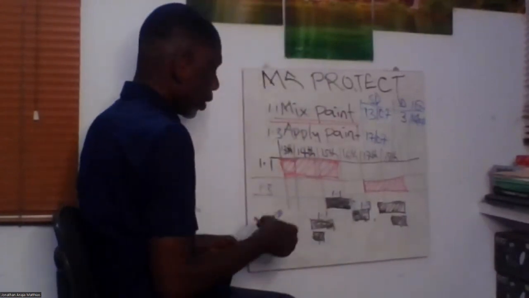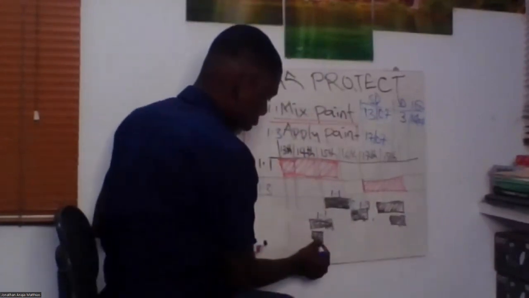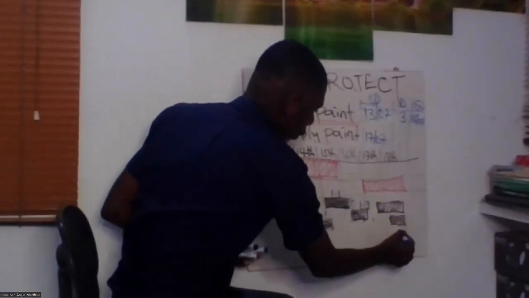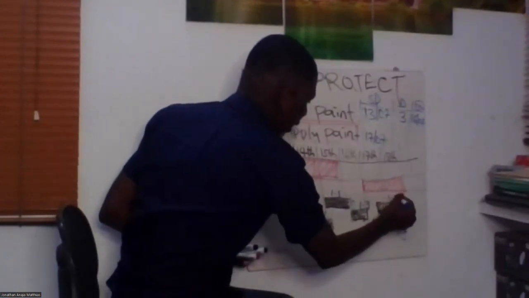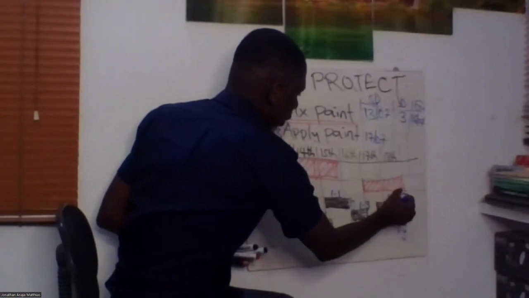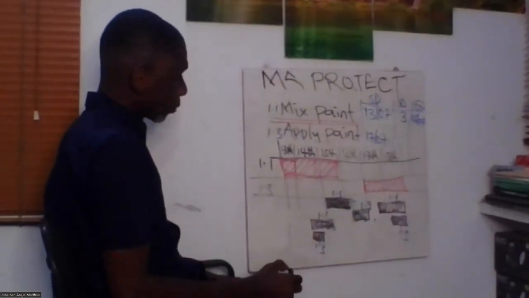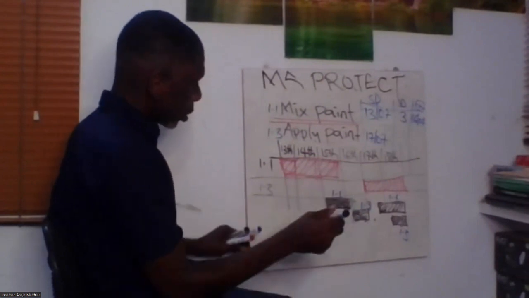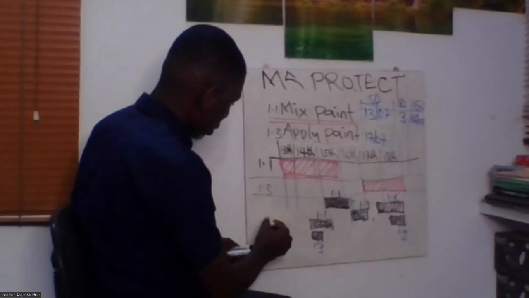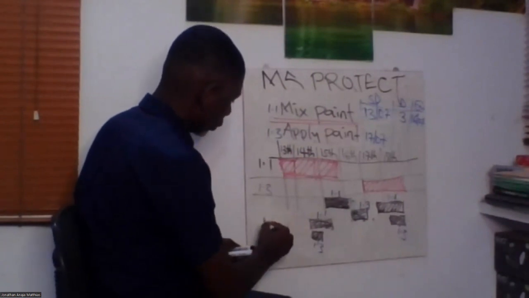So when you do a finish to finish relationship, it's likely to look like this on your project Gantt chart. Then what's the next one? Start to finish.